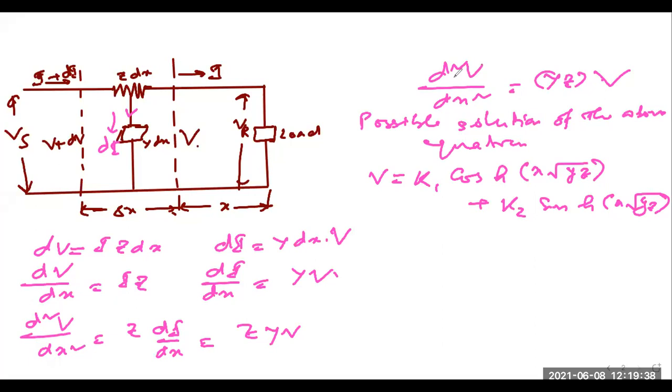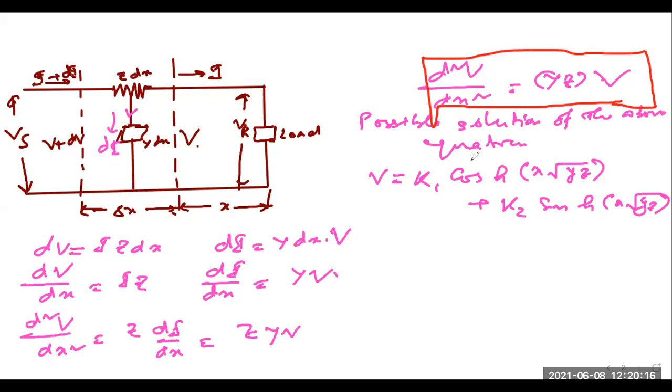If this is the differential equation, d2V by dx square equal to YZ into V, where YZ is basically a constant, some C into V. I think you have done the solution of differential equations in mathematics. In that case, we have to assume some possible solution.